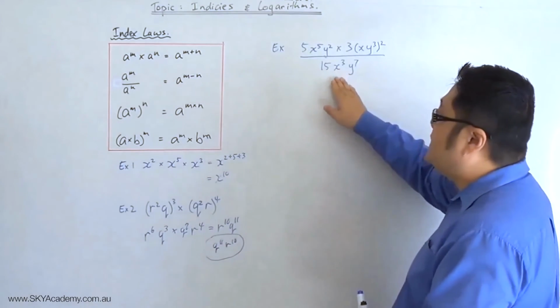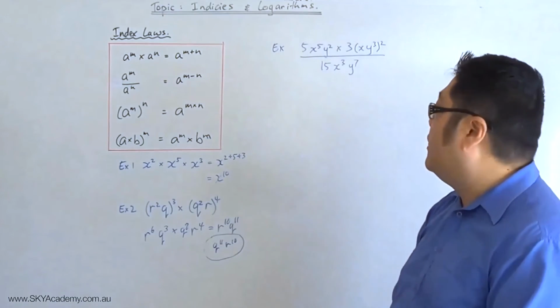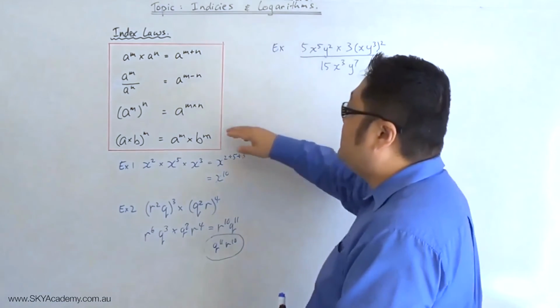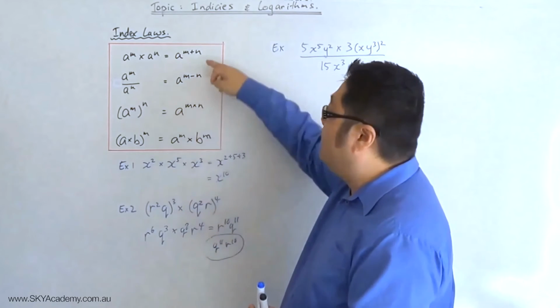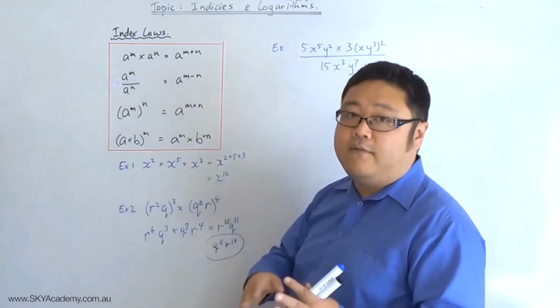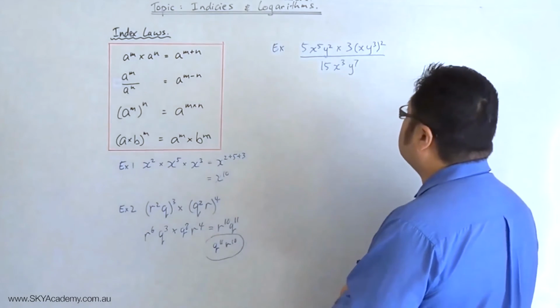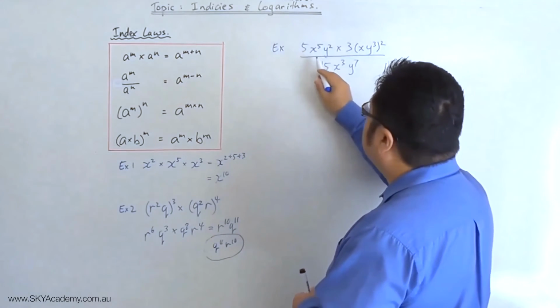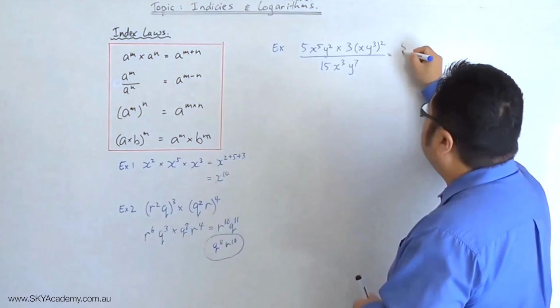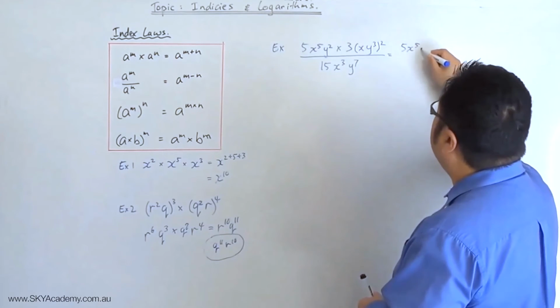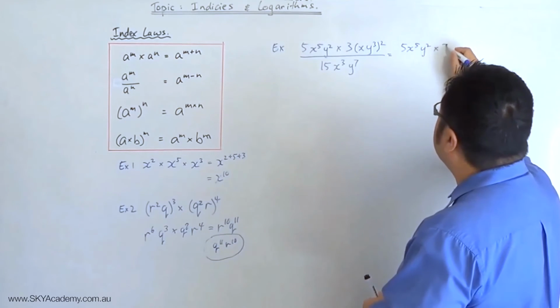Then you've got this example here. This example will use a combination of the first, second, and third index laws. Let's have a look at how this operates. You've got 5 to the power of x to the power of 5, y to the power of 2 times 3.